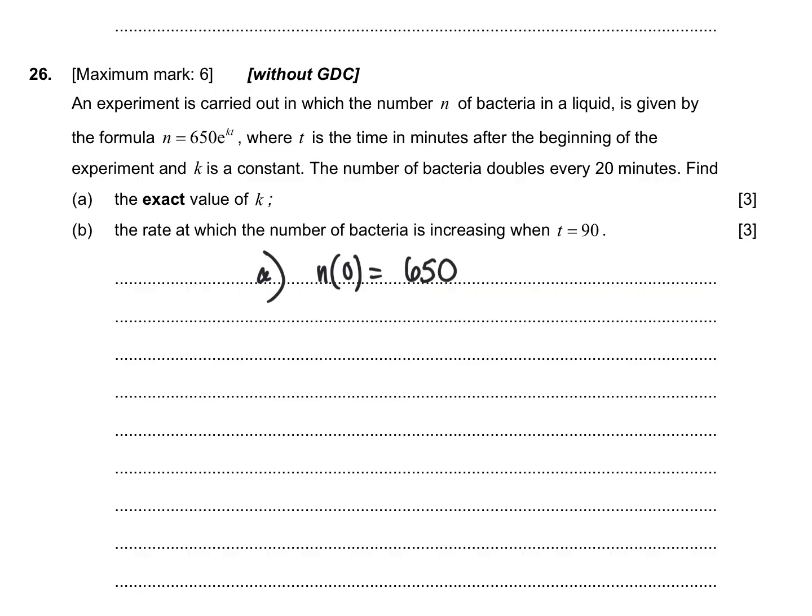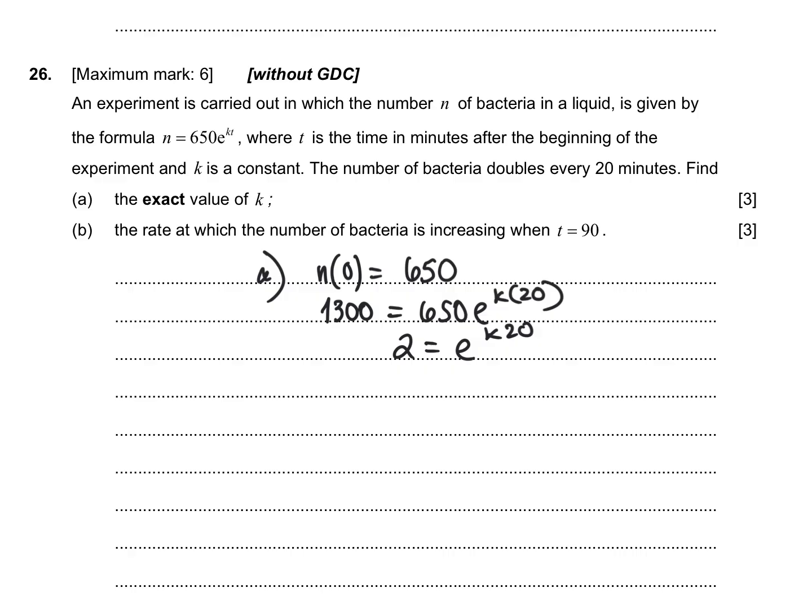And then 20 minutes later, we're going to have that it's 1300 e to the k times 20, because 20 minutes later it's doubled. Okay, so then you can n solve for k, except not because they want exact value. So we are going to do 1300 divided by 650 is 2, e to the k times 20.